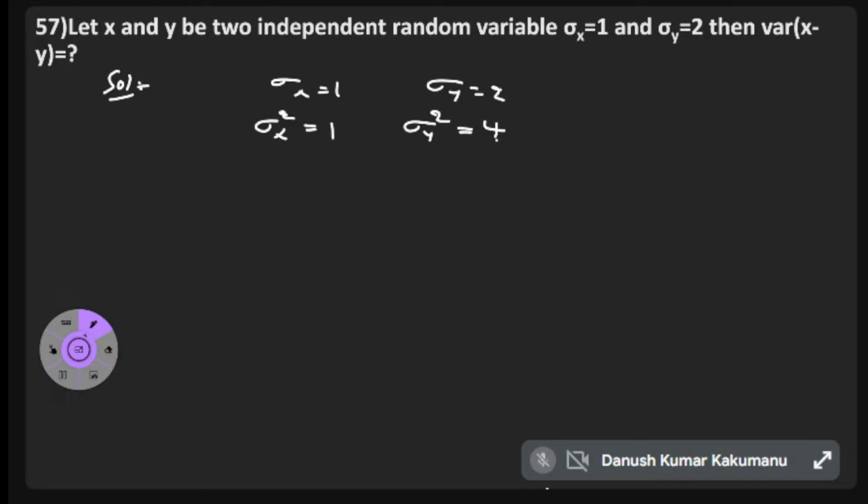He's asking, if x and y are independent, what is the variance of x minus y? Variance of x plus variance of y. Is it plus or minus? Plus only. Variance of x is 1, variance of y is 4.